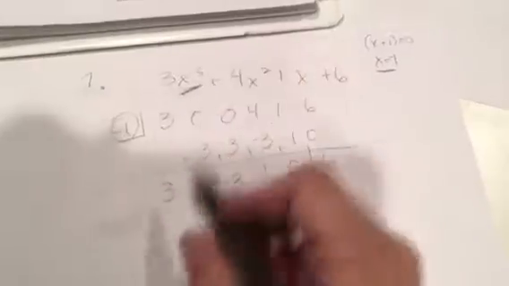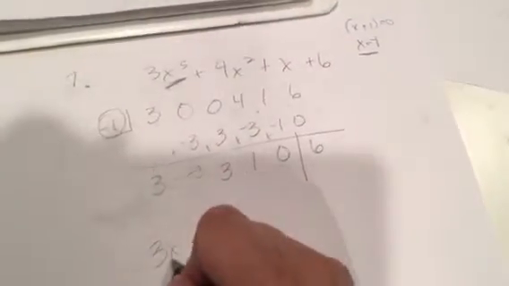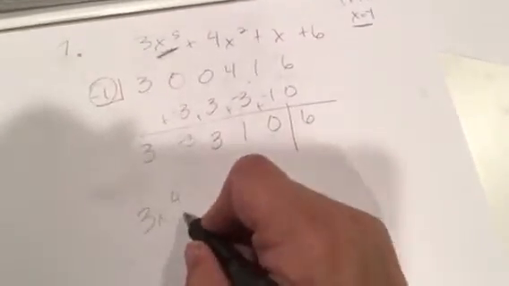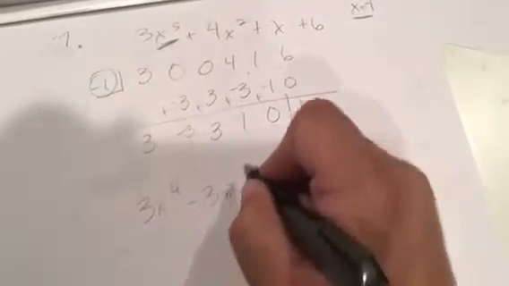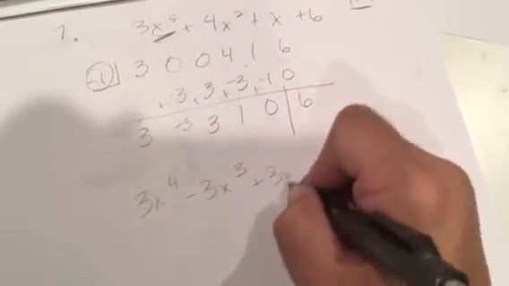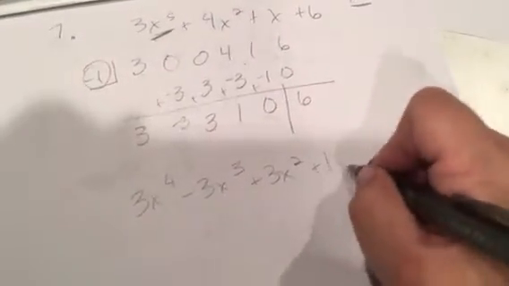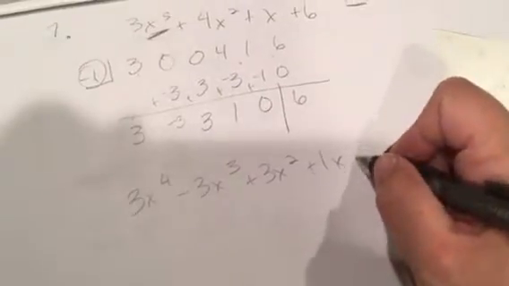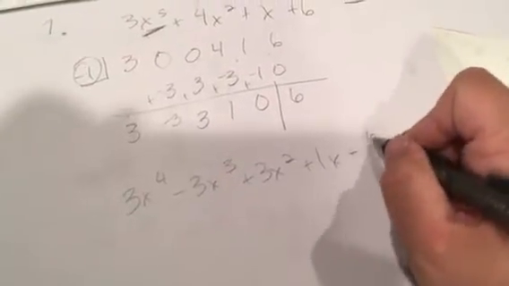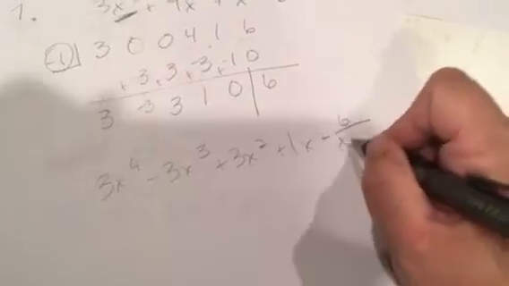So if the question was a 5th, our answer is going to be 4th. So 3x to the 4th minus 3x to the 3rd plus 3x squared plus 1x plus 0, and then a remainder of 6. Or you can say remainder 6. I think he just leaves it here, but you need to be able to know how to write the answer.